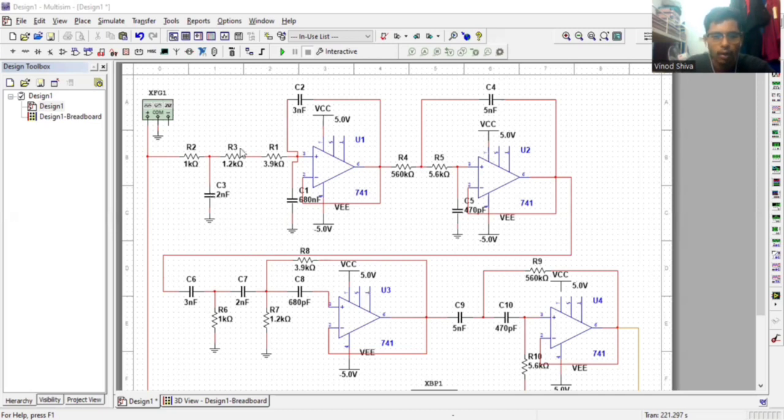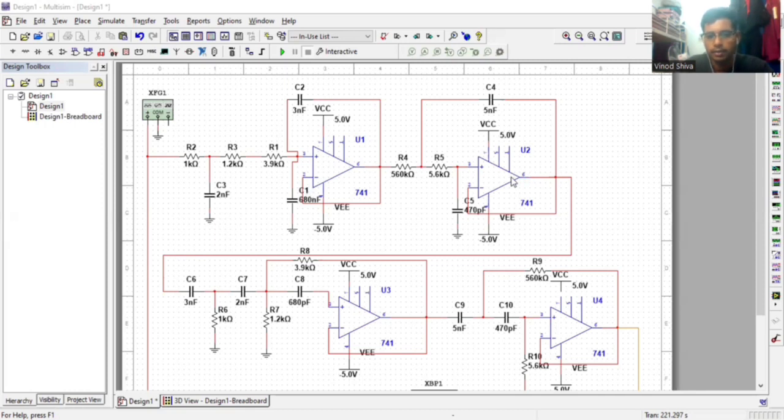Both of these capacitors are used in conjunction with resistors R1, R2, and R3 to form a high pass filter. So in this first section, the configuration allows high frequencies to pass while attenuating low frequencies.